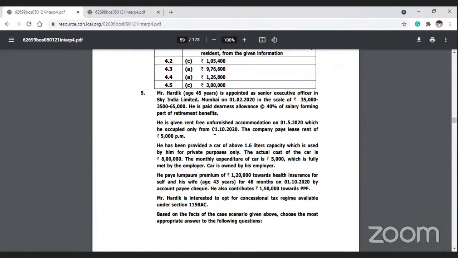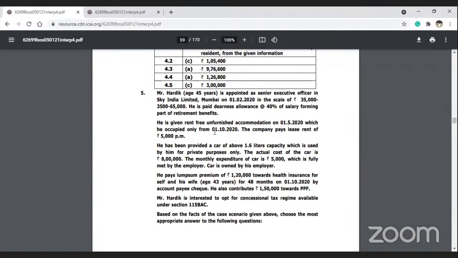But your scale will change on 1/2/2021. Sorry, I consider 19. Right, right. So I was calculating right now. 35,000 plus 40%, 4,27,000 basic salary. Okay. So DA 1,78,800.